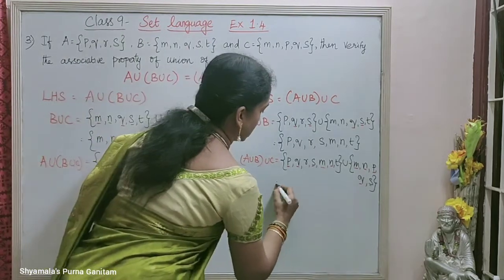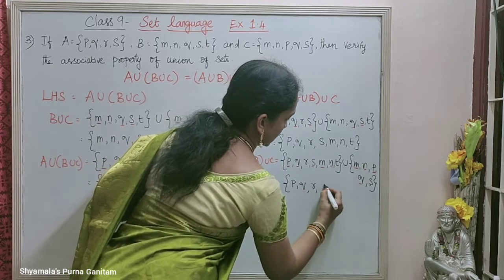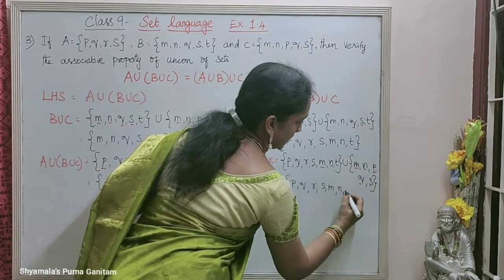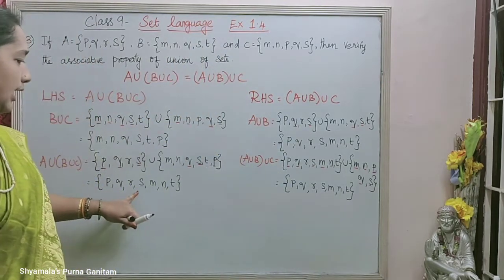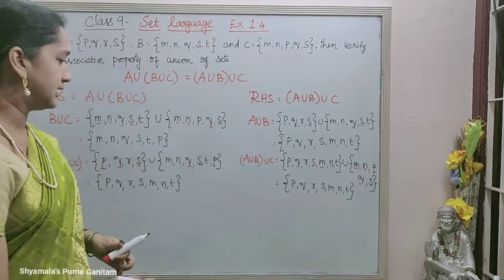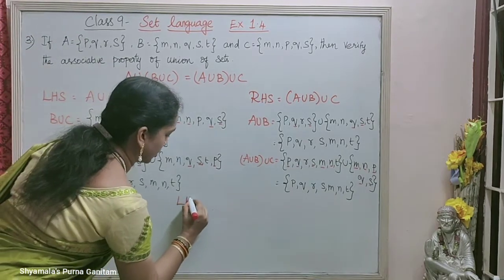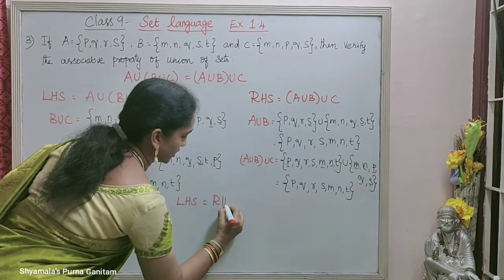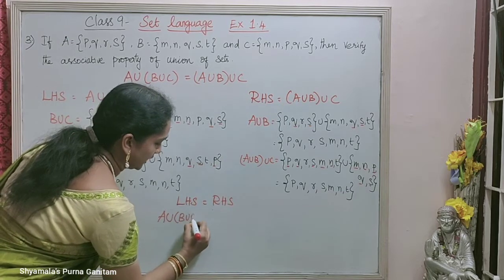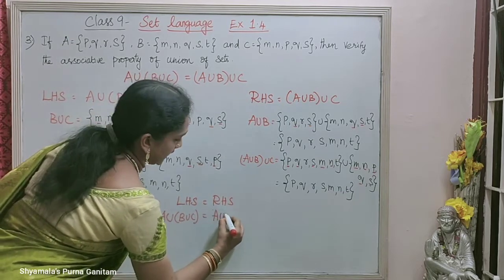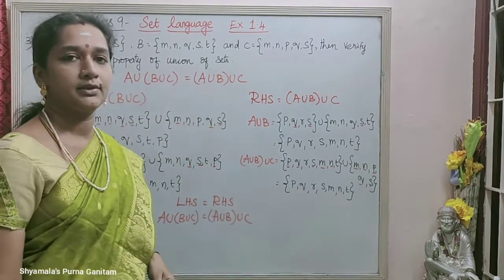So when we write, we get P, Q, R, S, M, N, T. So this is RHS. We got LHS is equal to RHS. That is nothing but A union (B union C) is equal to (A union B) union C. So this is the proof.